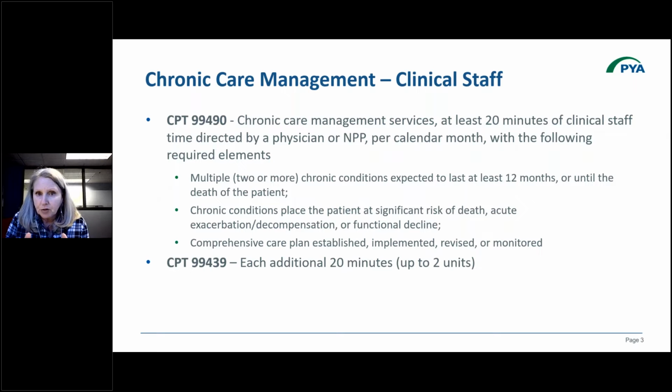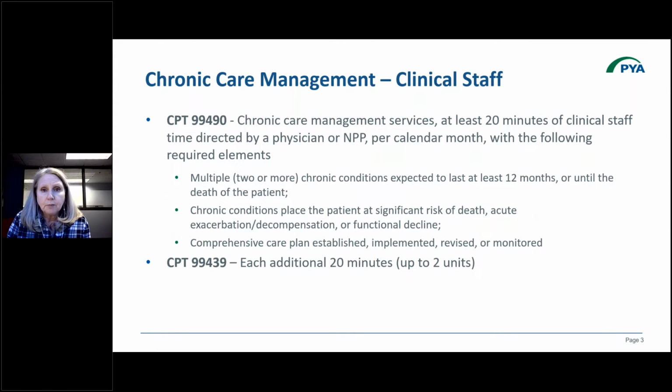It is measured in 20-minute increments. The initial 20 minutes billed under CPT 99490. Each additional 20 minutes billed under 99439. You can bill up to 2 units of 99439, meaning 60 minutes of chronic care management services are reimbursable each month.